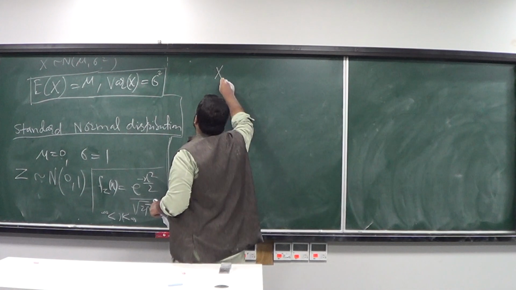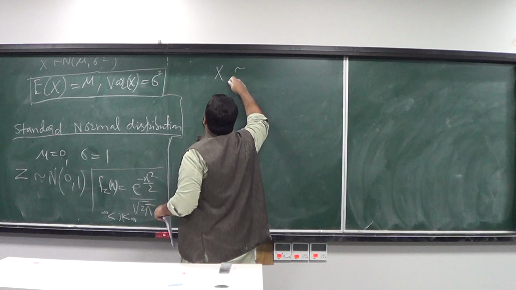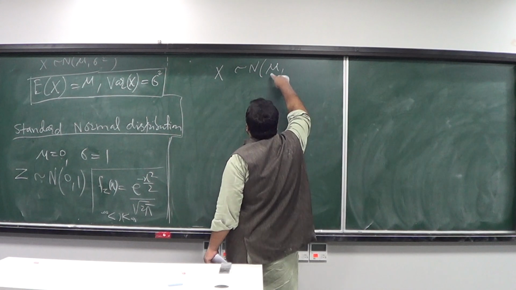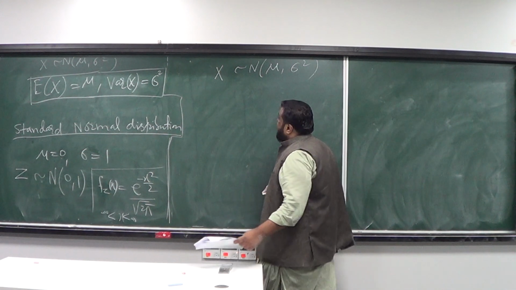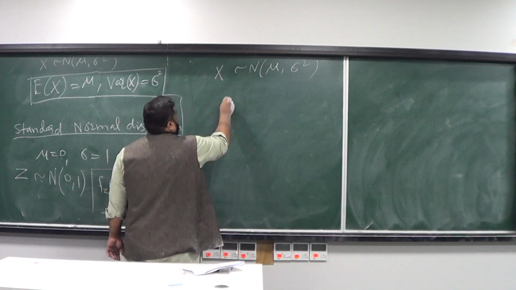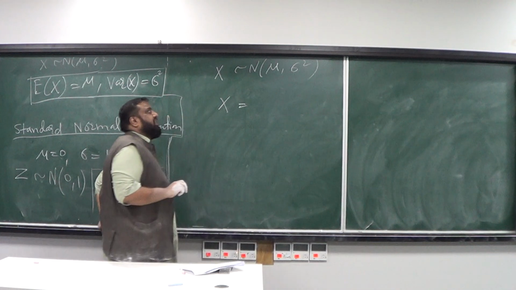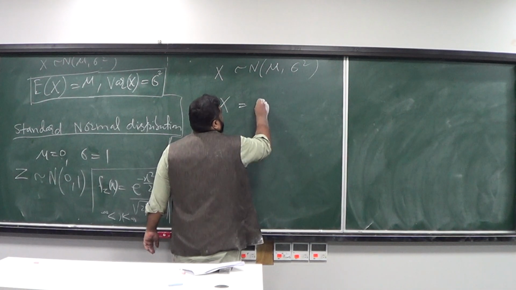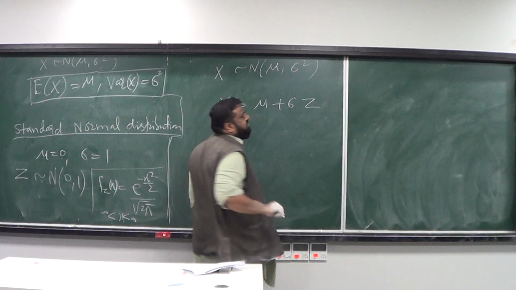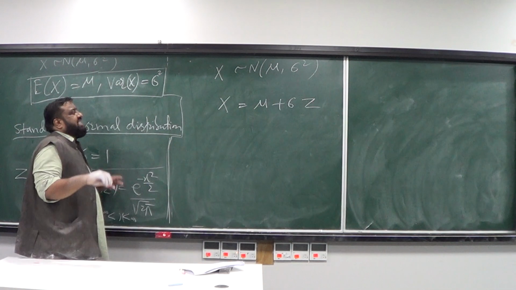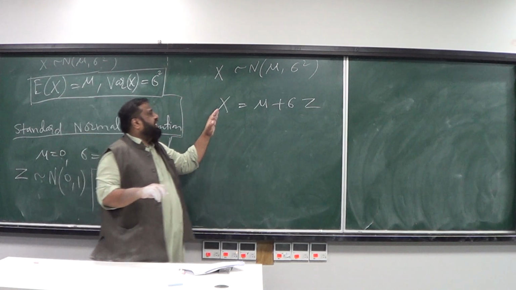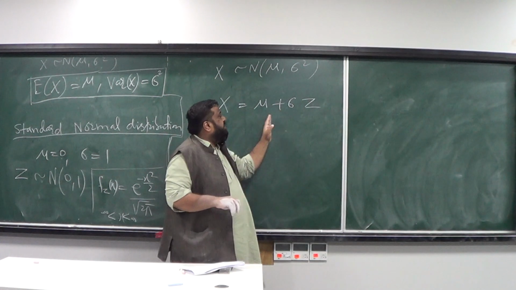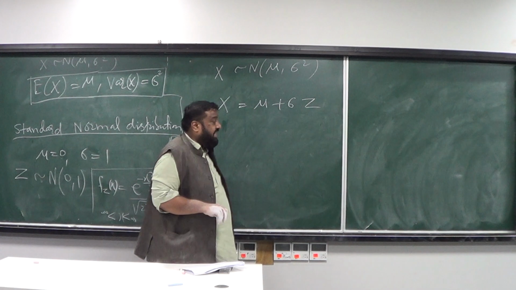If X is a normally distributed random variable with mean mu and variance sigma squared, then every such X can be written as mu plus sigma Z. Every normal distribution with any parameters can be expressed in terms of the standard normal distribution.